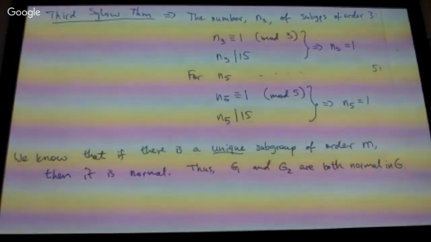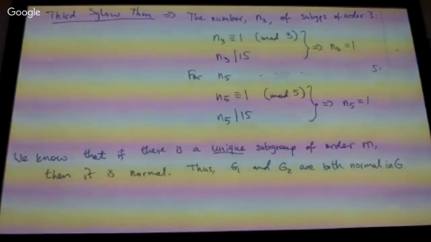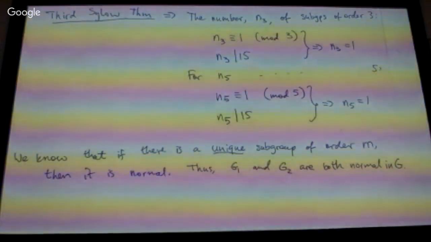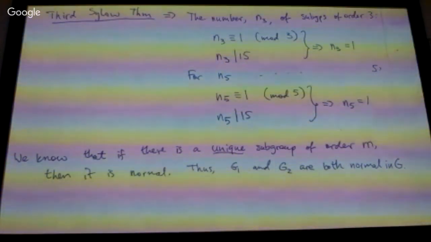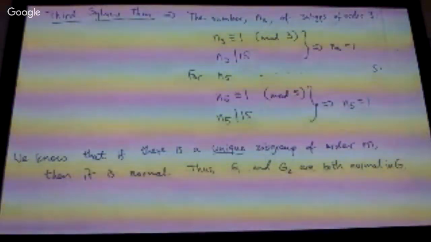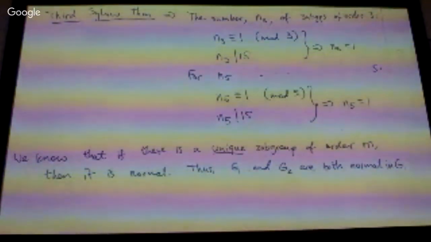Because G1 contains one element of order 1 and two elements of order 3, and G2 contains 1 element of order 1 and 4 elements of order 5. If something is an element of order 3, it can't be an element of order 5 at the same time. So the only thing they can intersect in is the identity.